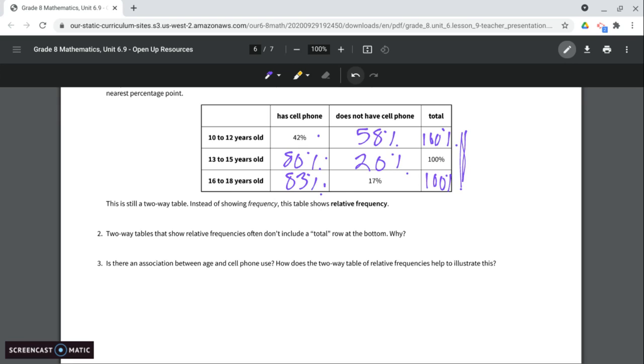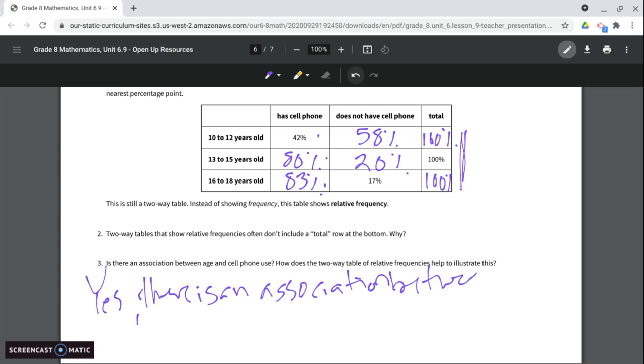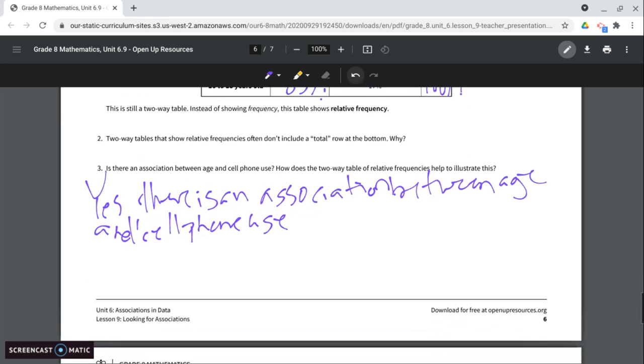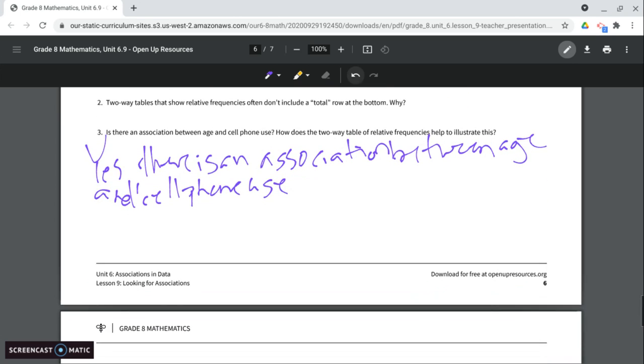For number 3, is there an association between age and cell phone use? How does the two-way table of relative frequencies help to illustrate this? So yes, there's definitely an association. There is an association between age and cell phone use.